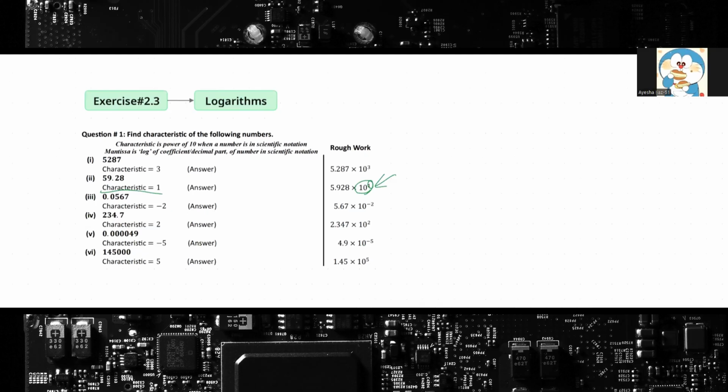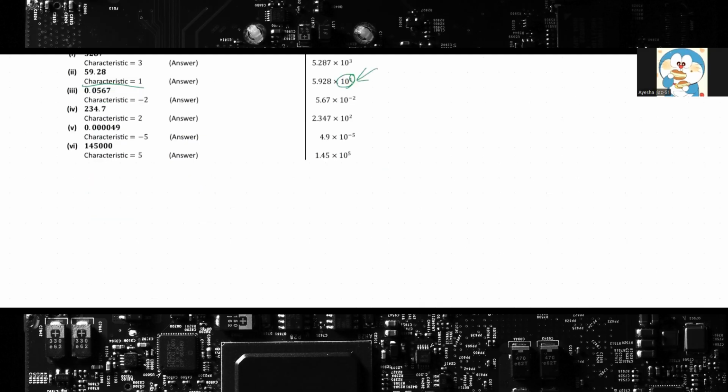Now let's move forward. Question number 2 is about finding the logarithm of a number. This is actually an interesting part of this exercise. So question number 2 is basically about the log. We have to find the log, right? So for example, the first part is 43.